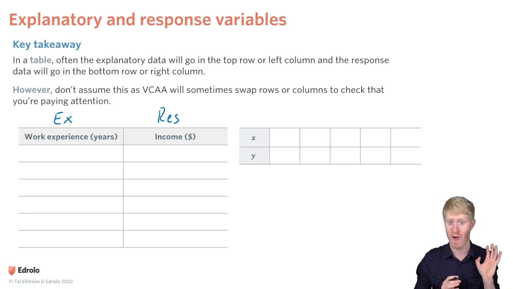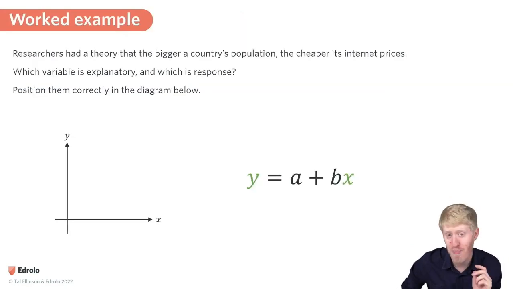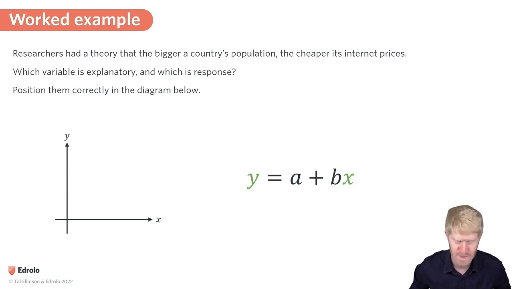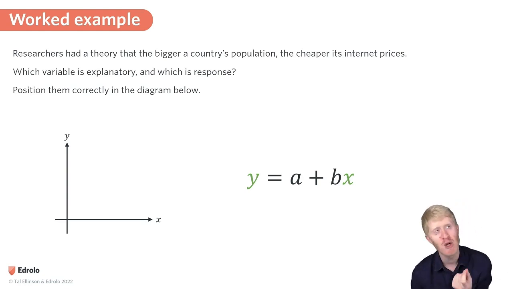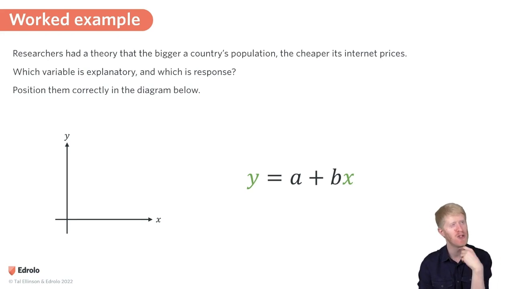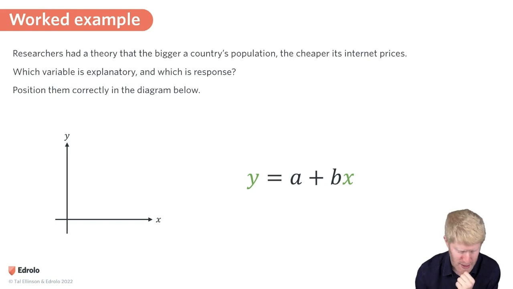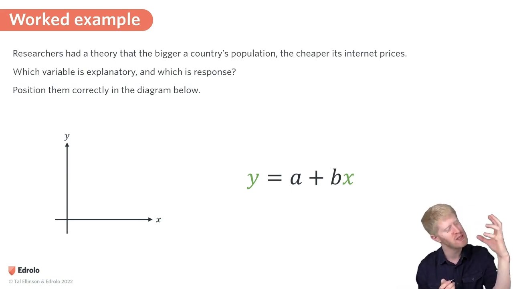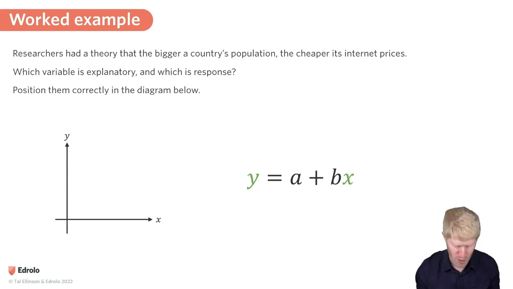Researchers had a theory that the bigger a country's population, the cheaper its internet prices. So we're saying the countries with a bigger population have cheaper internet. Maybe, we'd have to do some data to check that. But if that's our hypothesis, which of these is the explanatory and which is the response? Well, we're saying a change in population causes a change in the internet price.